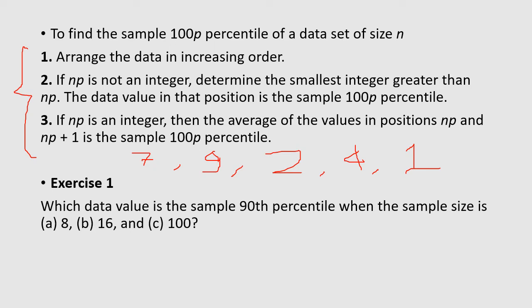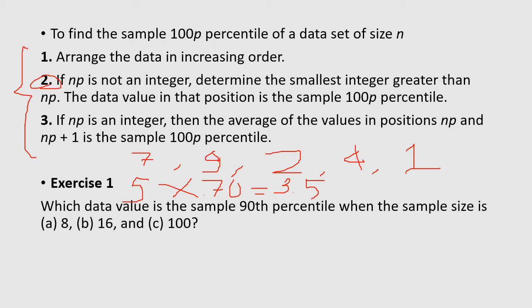So np, that means n times p, 5 times 0.70. So you just calculate, and you will end up with 3.5, right? Now 3.5 is not an integer, so this is what you're interested in: determine the smallest integer greater than np.